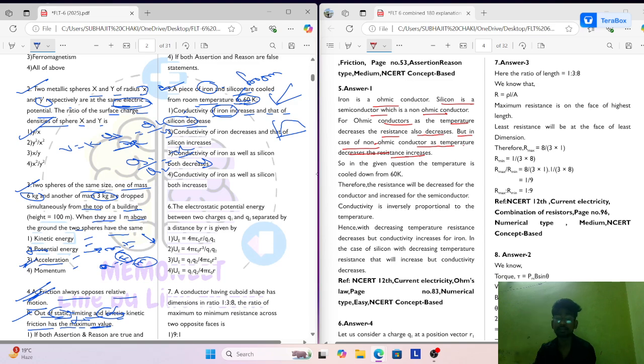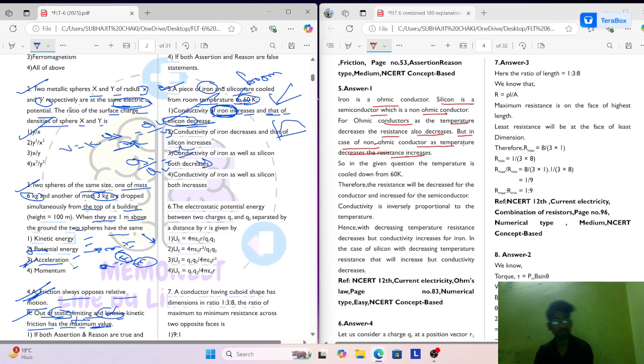Conductivity is the reciprocal of resistance, so when resistance decreases, conductivity increases. Therefore the conductivity of iron will increase, but in the case of silicon it will decrease. So option number 1 is the correct option here.